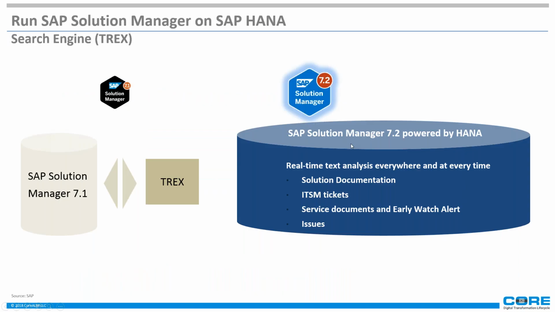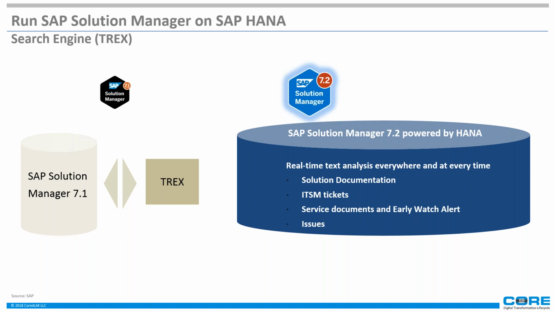One of the things that's been improved is the searching, specifically if you go with SAP HANA as a database for Solution Manager. In that case, we can leverage the embedded search in the HANA engine for the searching capabilities, so it will be a much simpler environment.